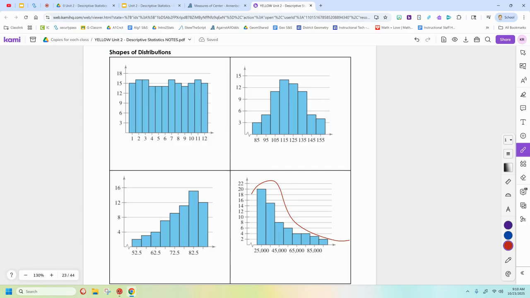This data shape is called skewed right, because the tail is to the right. The pieces of data that there's a few of are to the right. If we look at this one, what do you think that one's called? Skewed left.